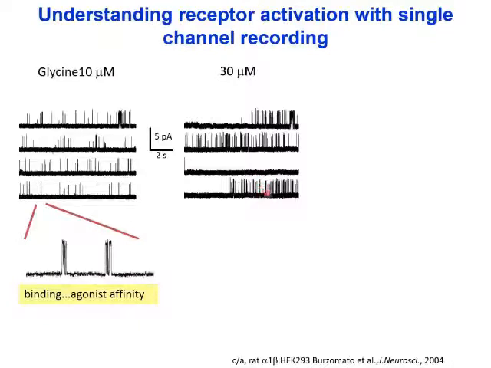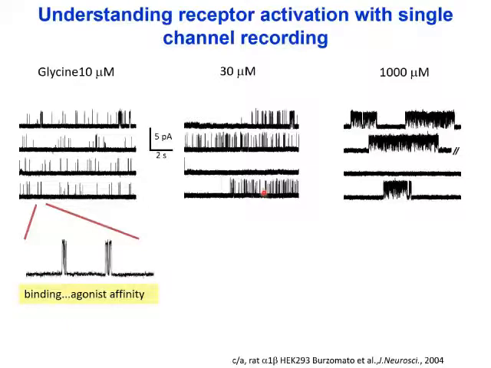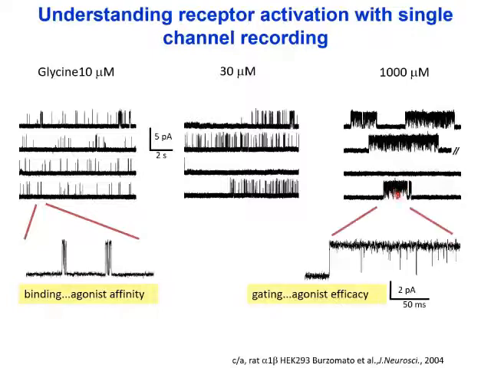These shorter shut times are concentration dependent. If I increase even further the concentration, we end up in the situation that we had before, where we have desensitized shut times, and then we have very, very short shut times in the clusters, and those very brief shut times and that very high open probability is an expression of agonist efficacy.